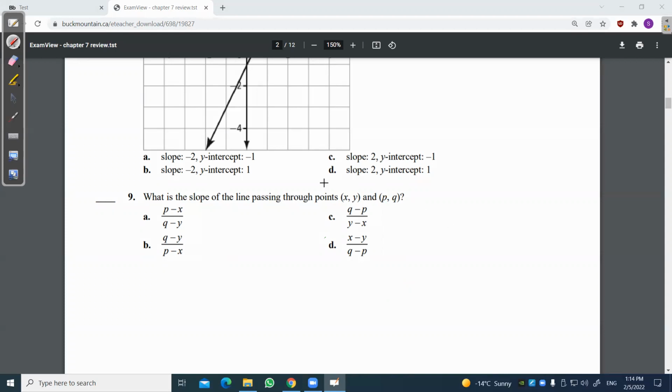This is x1, this is y1. This is x2, this is y2. What's the formula for slope? Instead of rise over run, we can do y2 minus y1 over x2 minus x1. So what is y2 in this case? Q is y2. What is y1?